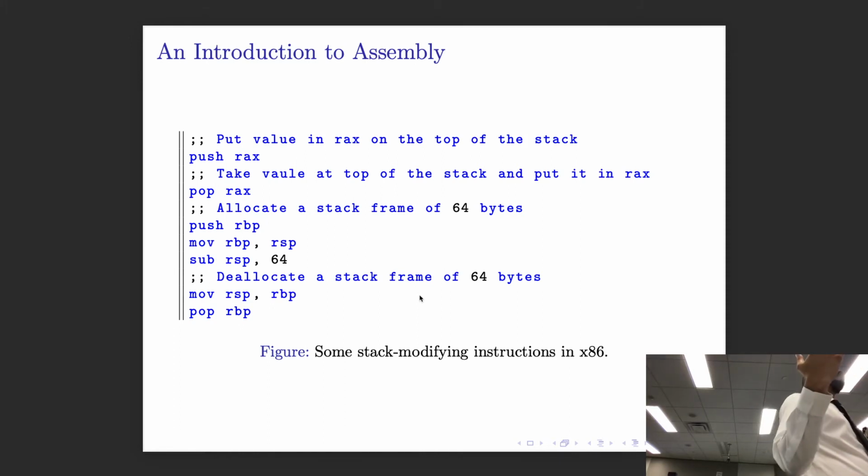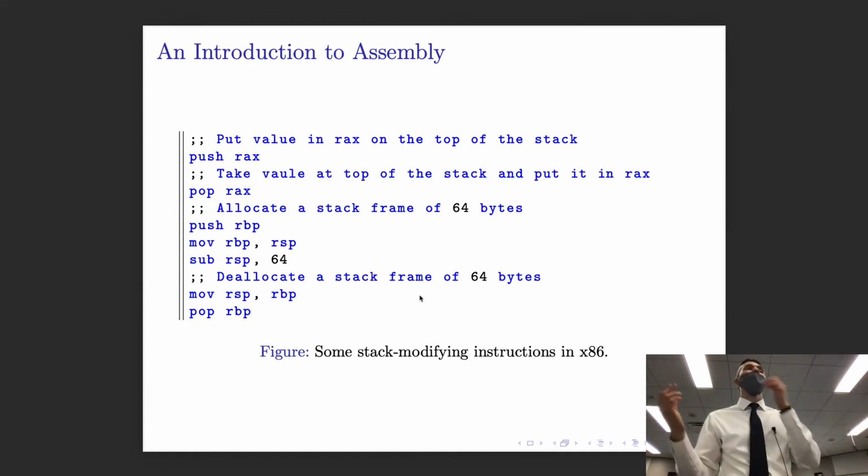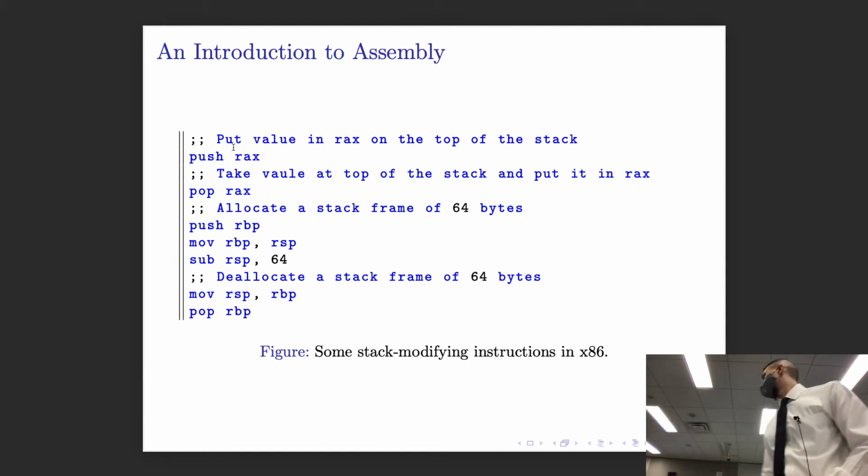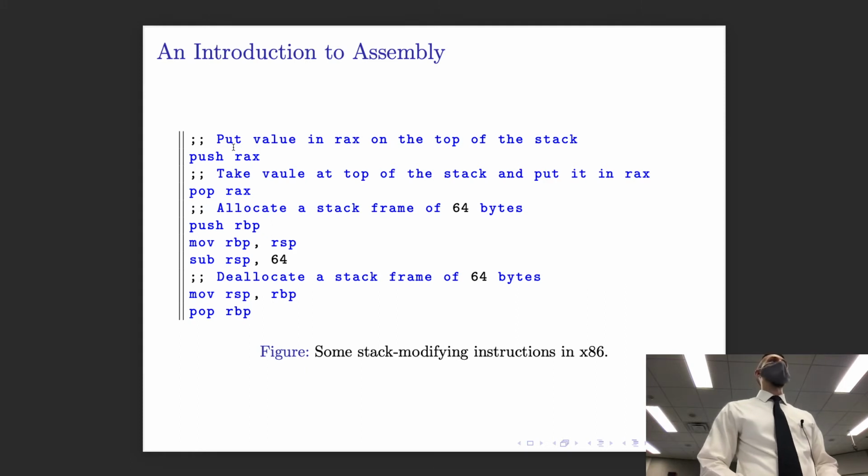You have to be coordinated with your push and your pop, because you don't want to push a 64-bit value onto the stack and then pop off an 8-bit value, or the stack's going to get misaligned and then it's bad. Do those two instructions make sense so far? Pretty much what we just explained, except now we're dealing with a memory and a stack pointer that points in memory.